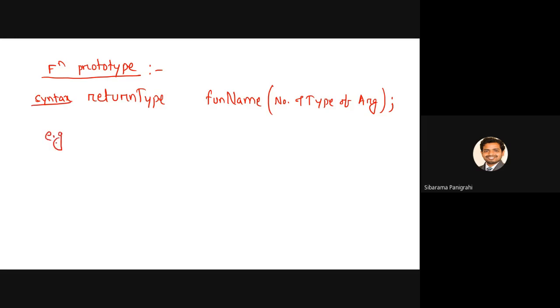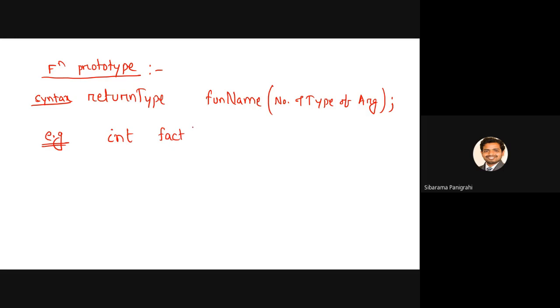For example, if I want to write a factorial function's prototype, what should be the return type? What will the factorial function return? Integer, character, or float? Integer. Factorial will always be an integral value, right? So return type is integer. What is the function name?